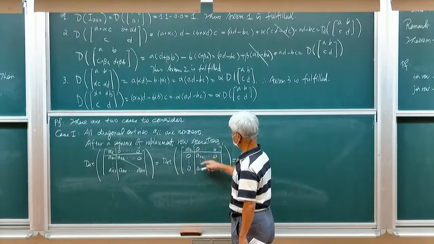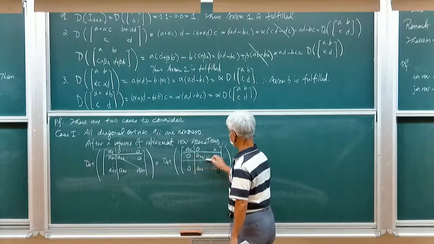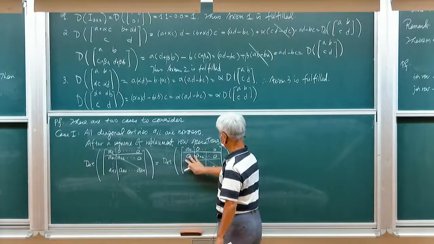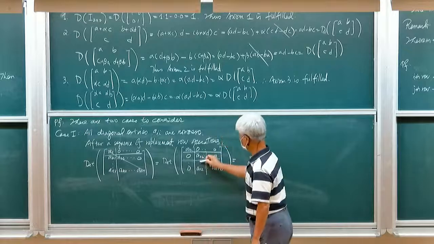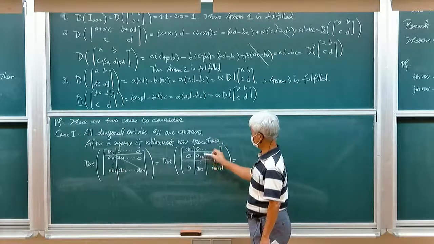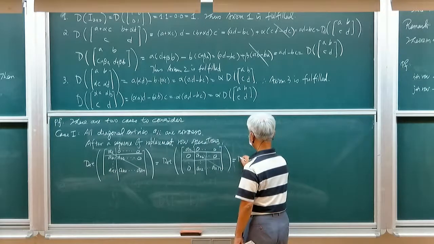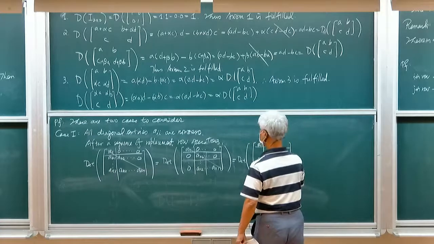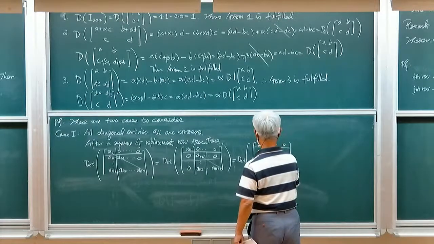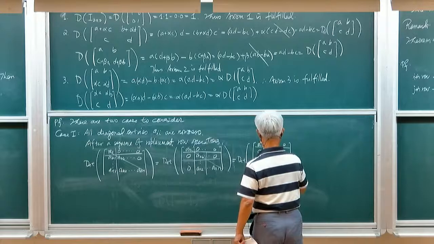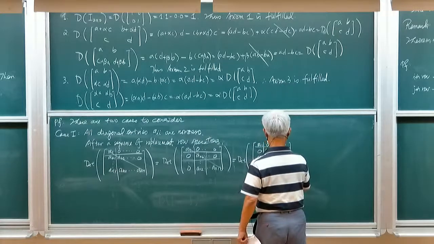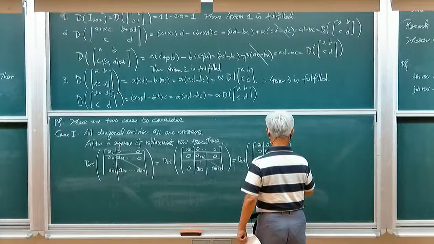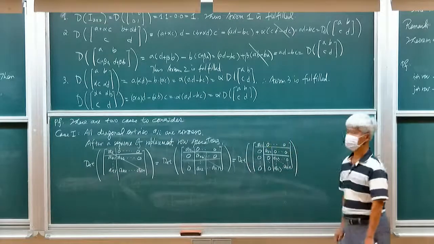And then this time you will eliminate the rest of these entries by A22. Okay, so keep going on.